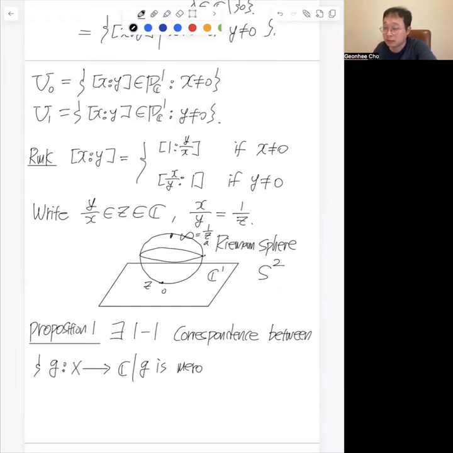Otherwise, I should clearly mention the space. So g is a meromorphic function, and we are also able to associate to it a function from X to CP1. That is, f is now holomorphic.